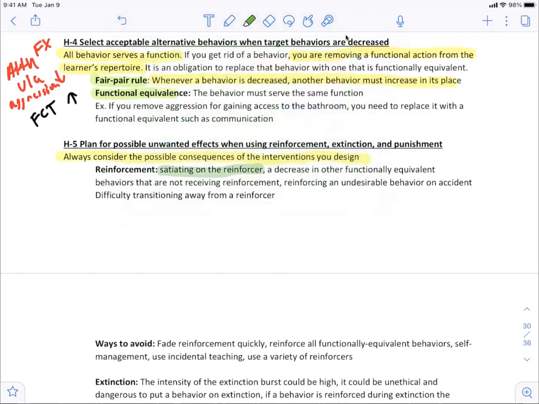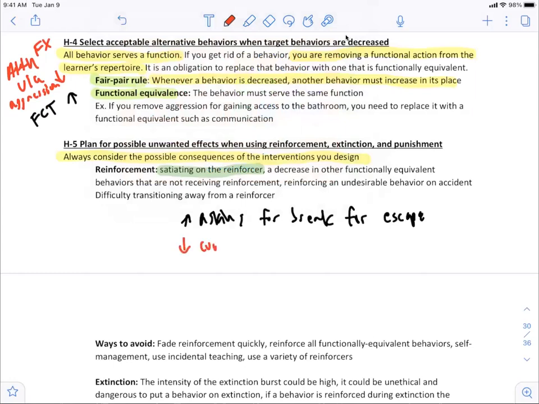What about a decrease in other functionally equivalent behaviors that aren't receiving reinforcement? If I'm only increasing asking for a break, for escape, what might decrease?